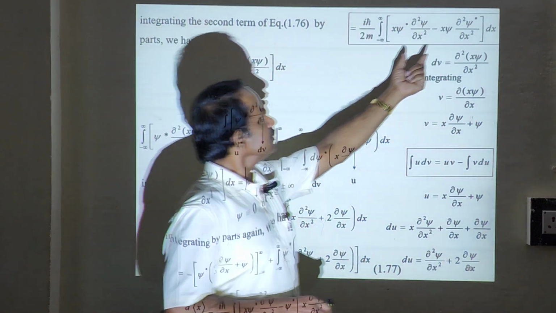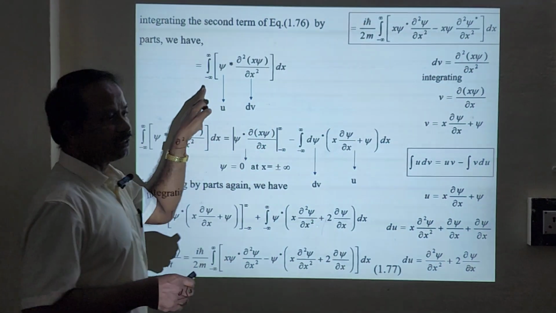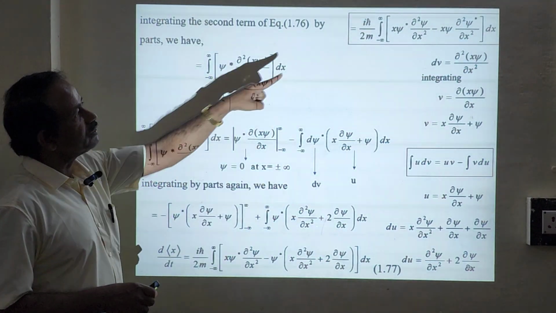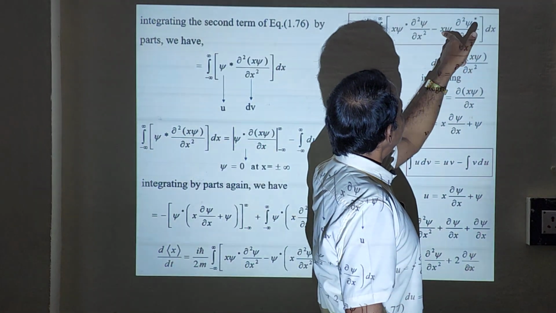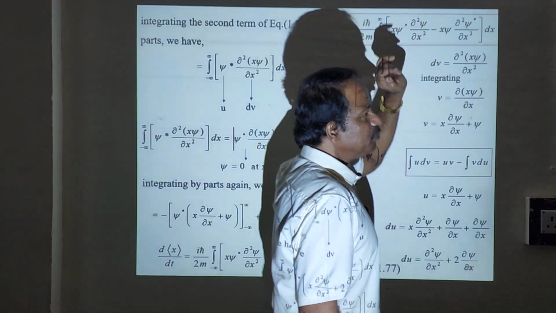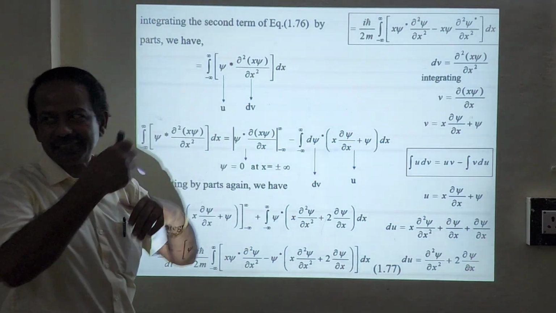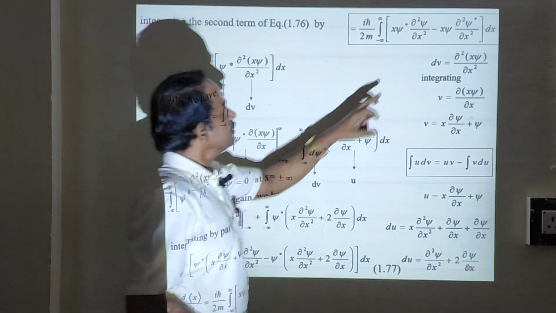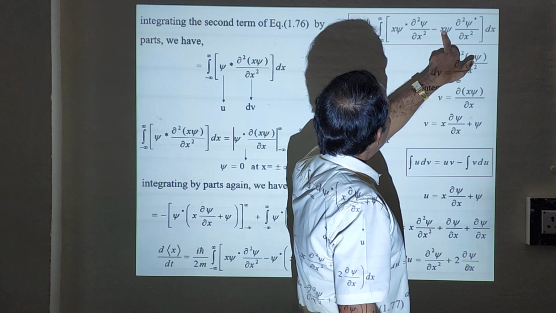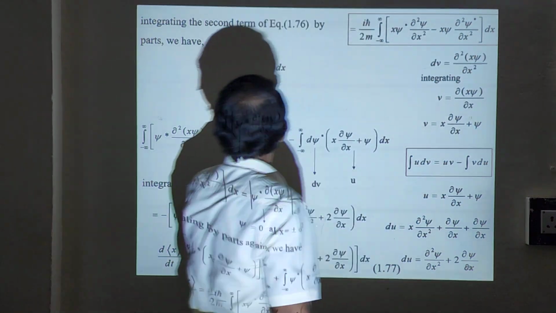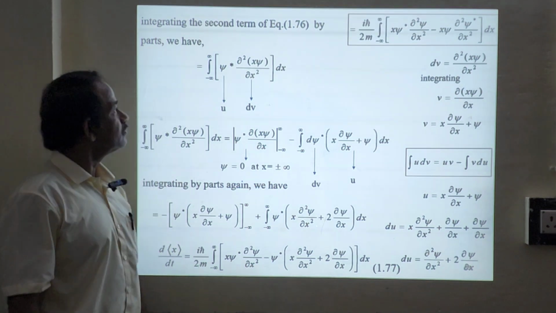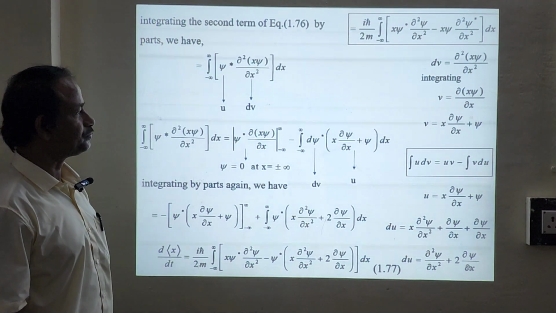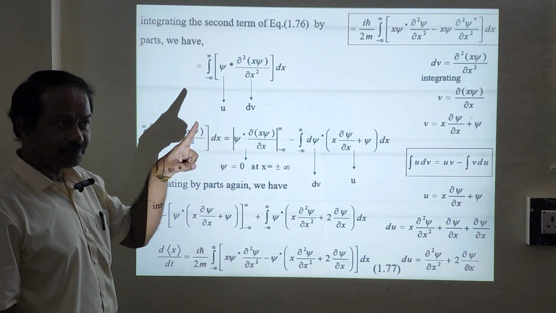So you look at this equation, I have changed this one, d squared psi psi star, because this is Hermitian, we can change, it doesn't matter. Look at this term, I have brought psi here, psi star here, both are the same. Is it okay?